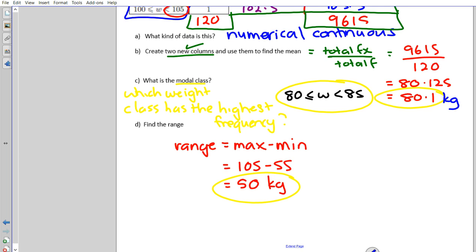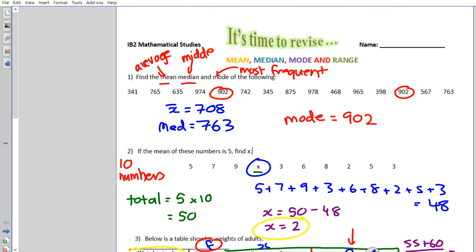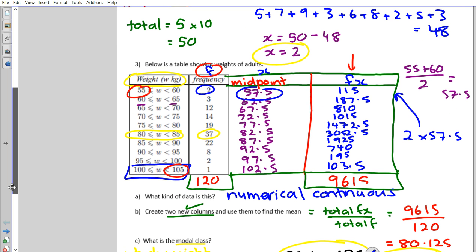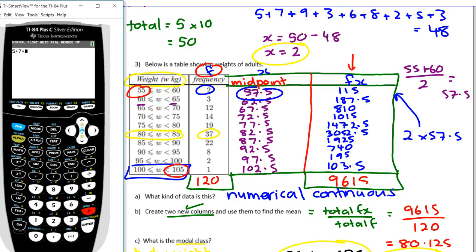And so on. So you can also, by the way, find it on your GDC. I'll show you how to quickly find it on your GDC. Just going to show you a really rough one. I'll go stat, edit. So I would put my midpoint, so go here and enter, don't go delete.